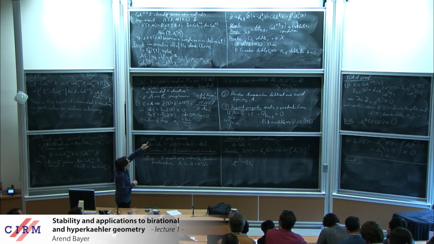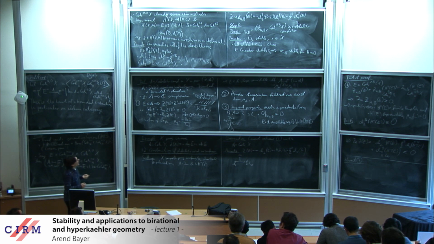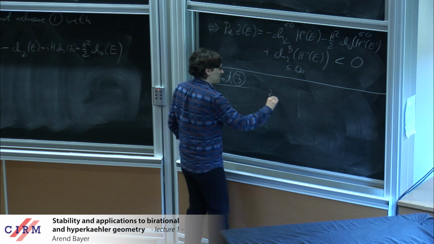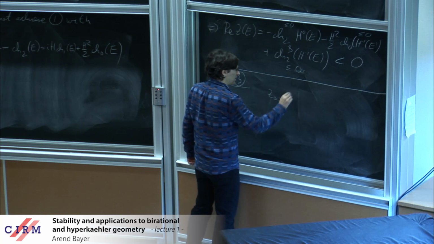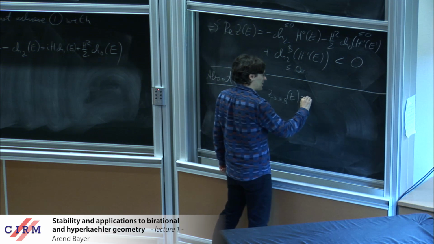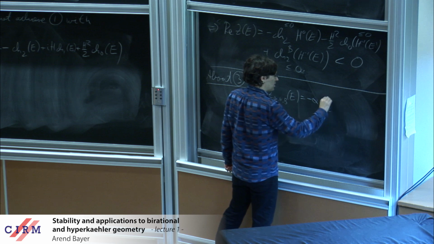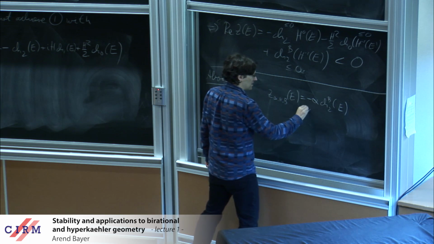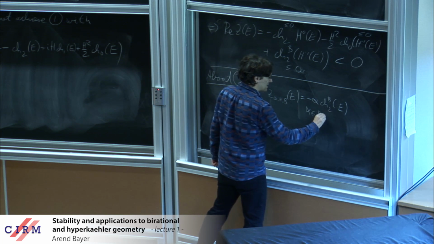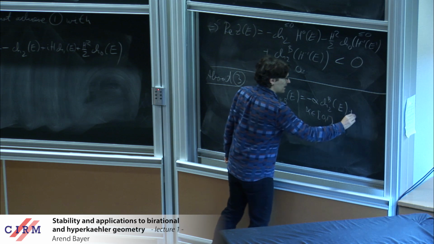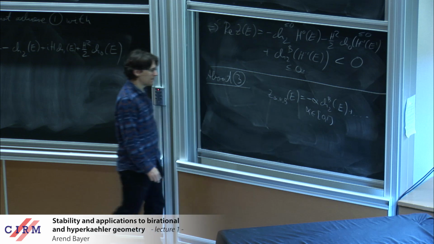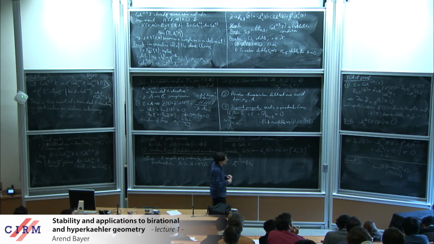So in the formula above, you can think of adding a factor alpha times Chern 2^B of E, so something like Z_{alpha,H,B}(E) is something like minus alpha times Chern 2^B of E, and all the other parts normal. We let alpha start at 0, where we have slope stability, and increase it towards 1.